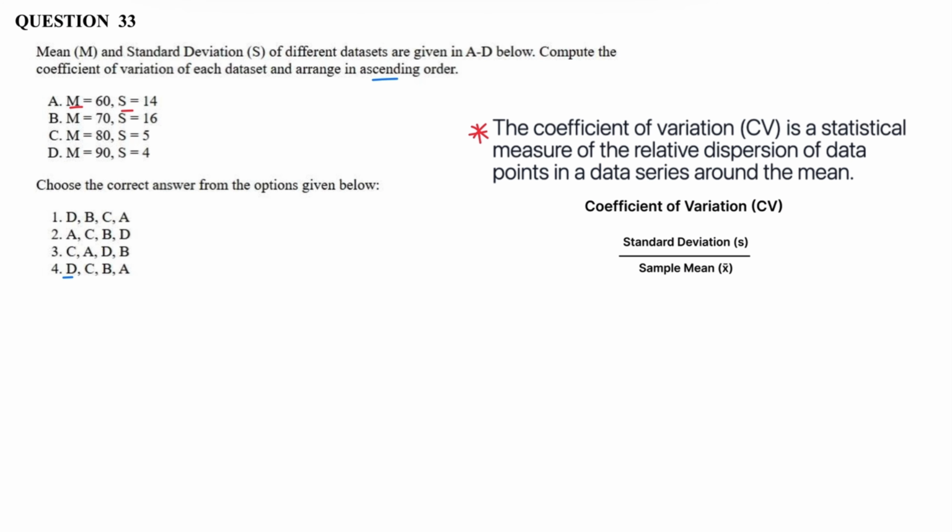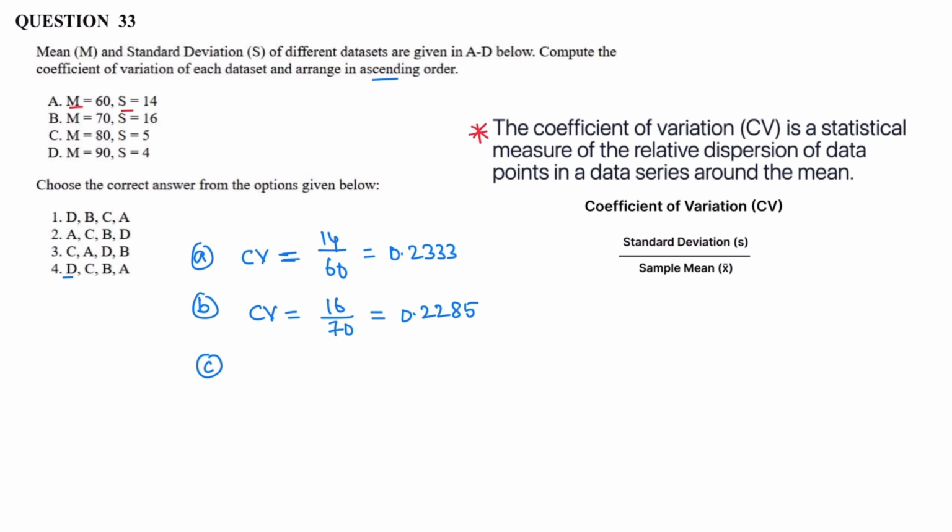For option A, coefficient of variation CV, it's a ratio of standard deviation S value 14, mean 60. So its value is 0.233. For option B, standard deviation 16 and mean 70, 0.2285.